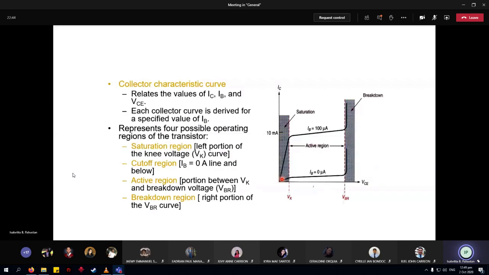For a transistor used as an amplifier, you want to operate it in the active region, that is when the VCE is in between the knee, that is 0.7 volt, and the breakdown. The breakdown voltage is not fixed. It depends on that particular transistor that you are using. Usually, it's a large voltage.